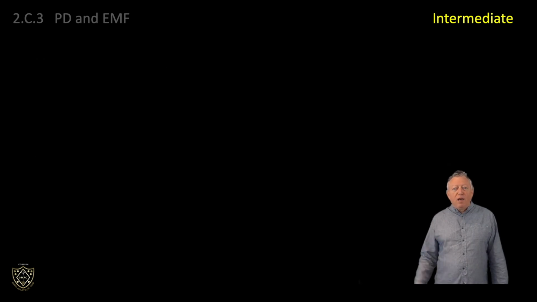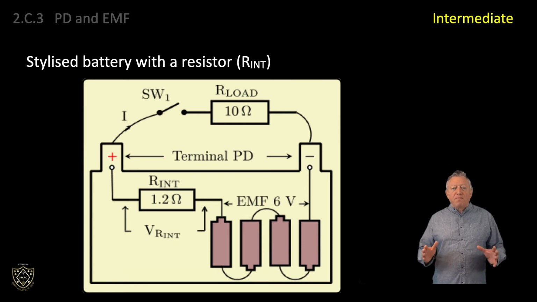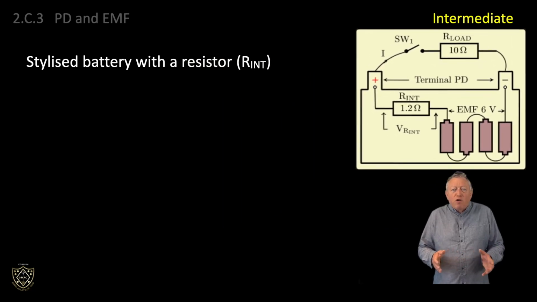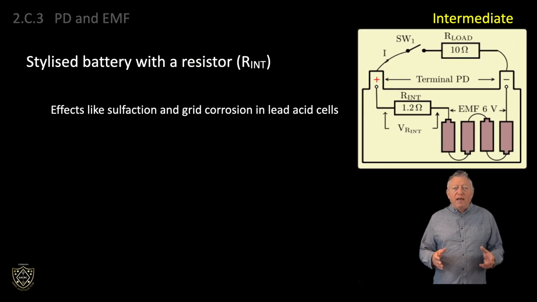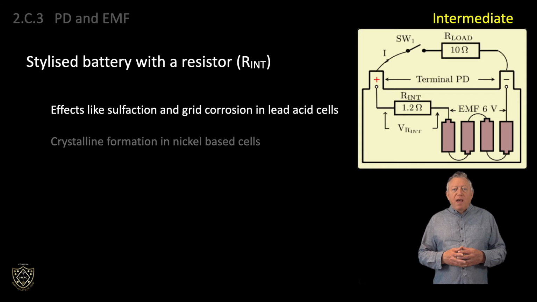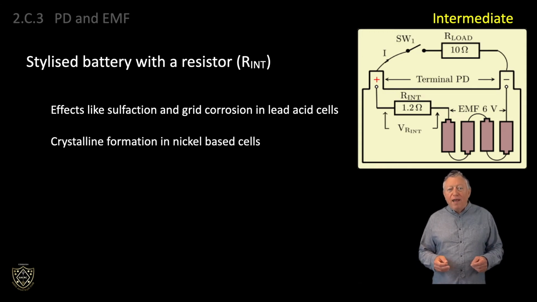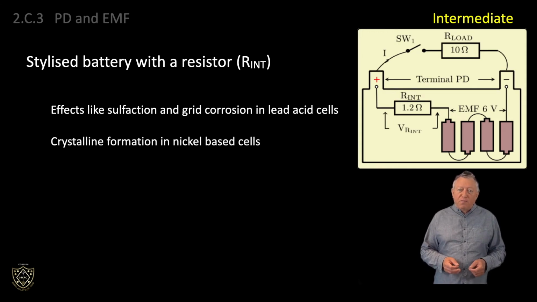The graphic shows a stylized battery made up of 4 cells with a resistor Rint representing the internal resistance of the battery. In reality, the internal resistance depends on the type of cell and is due to effects like sulfation and grid corrosion in lead-acid cells and crystalline formation in nickel-based cells.